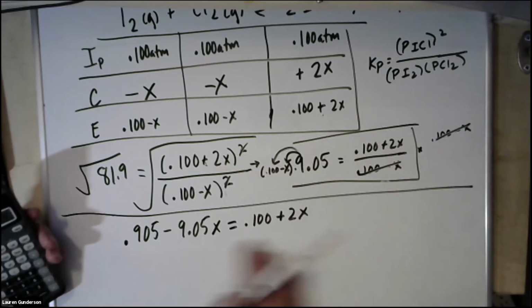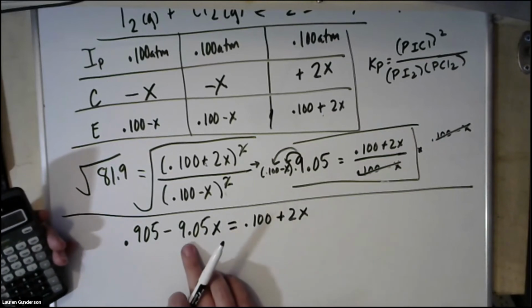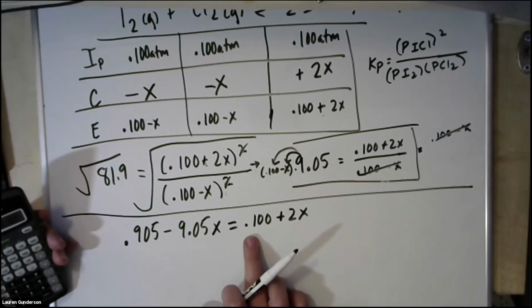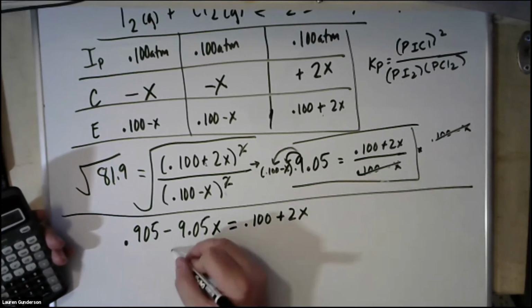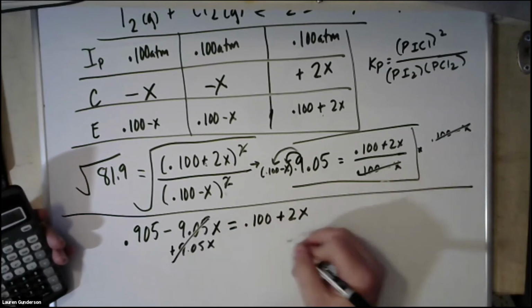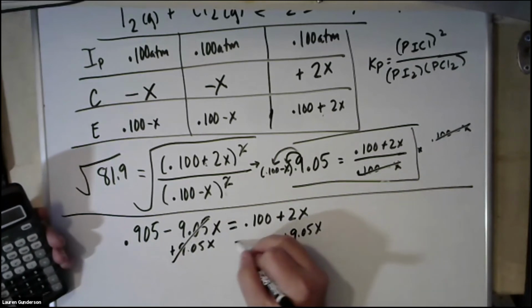Okay, so I'm going to combine. I'm going to move my 9.05x to the right side, and I'm going to move my 0.1 over here. And I'm going to minus this.